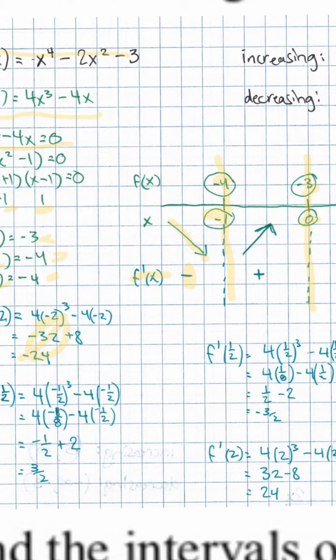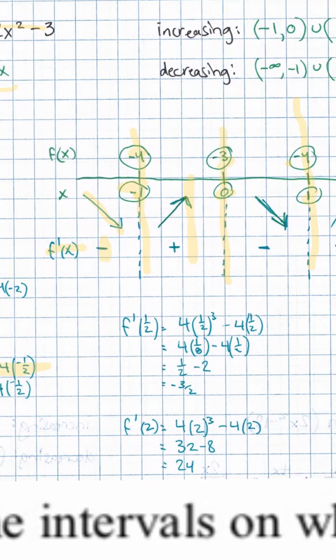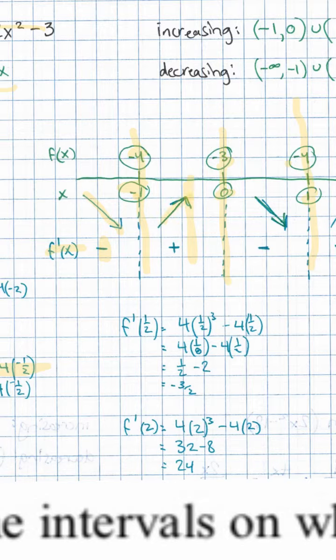Then I plugged in -1/2 to get something in between -1 and 0. When I plugged in -1/2 to the derivative function, I got 3/2, which is positive. Therefore, my function is increasing between -1 and 0. Next, I take positive 1/2 to get something in between 0 and 1.